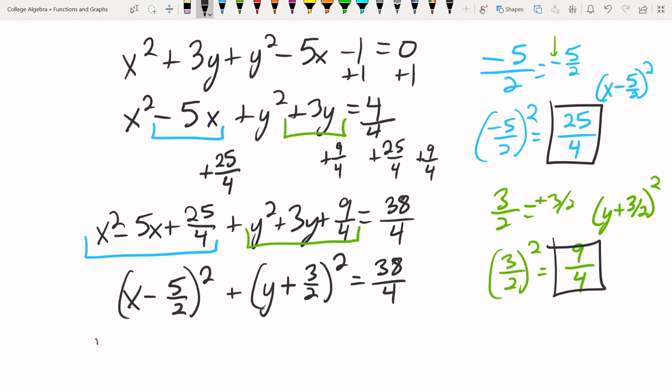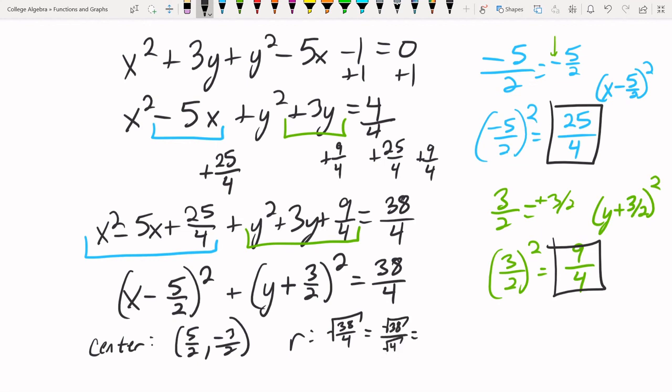The center, you can see, is at 5 halves comma negative 3 halves. The radius is the square root of 38 over 4, which is the same thing as the square root of 38 over the square root of 4, which is the square root of 38 over 2.